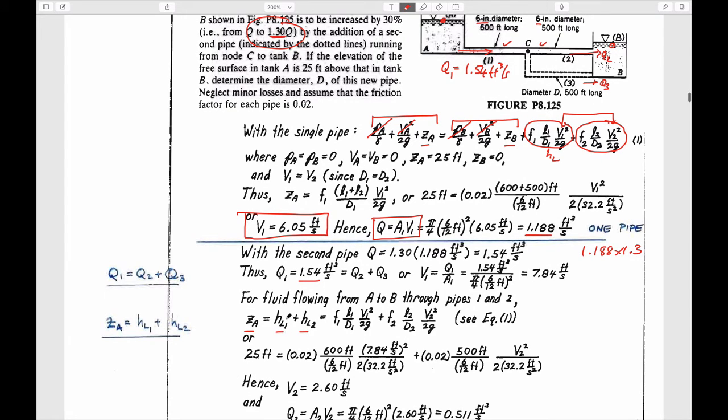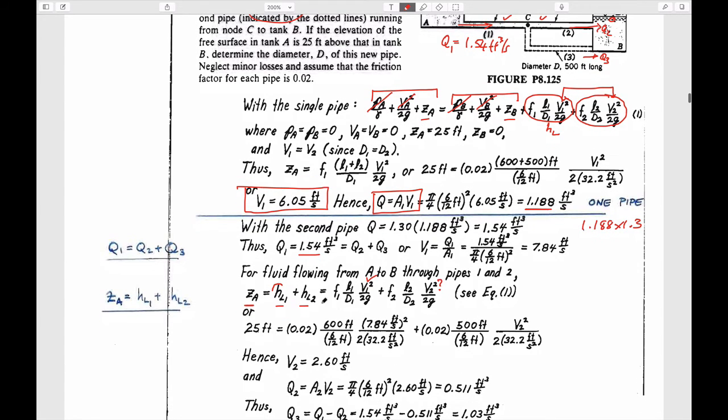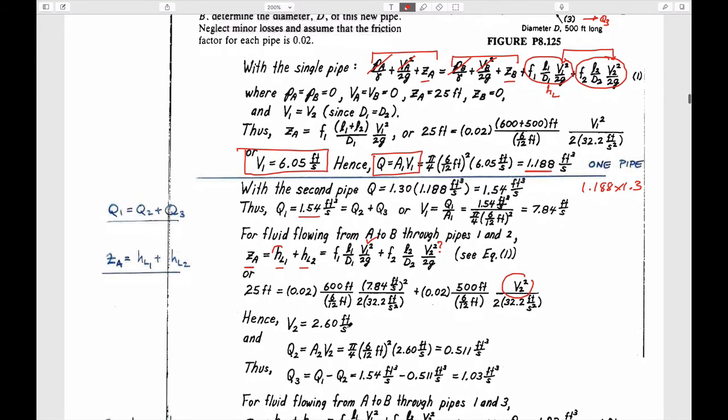And since we know the flow rate in this, what we don't know is the flow rate in the second pipe, but we do know this, then we can use that to be able to write this equation in terms of just V2. So it ends up being written as one equation in terms of V2. And so we can solve for the magnitude of the velocity that comes out of this pipe.